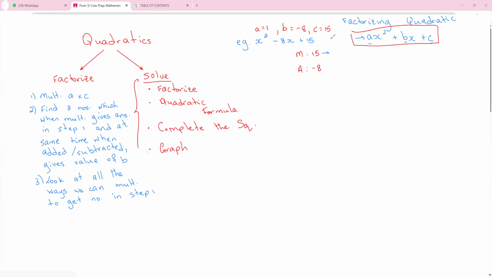So we'll be looking at all the ways we could multiply to get 15.